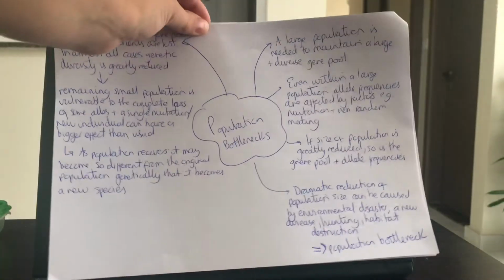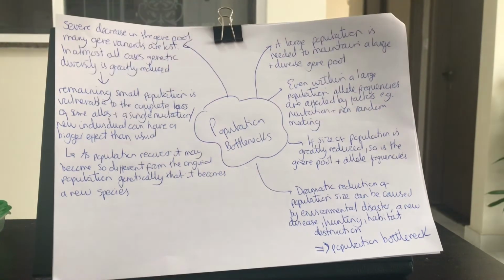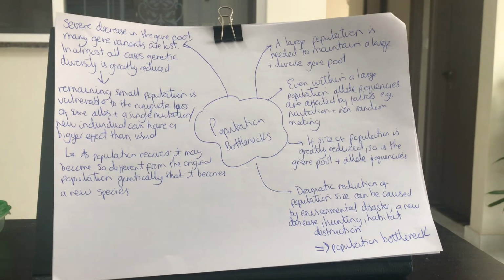All right, so now we need to have a look at something called population bottlenecks. As you will know from when we were doing our Hardy-Weinberg work, you need a large population to maintain a large and diverse gene pool. If the size of a population is greatly reduced, so is the gene pool and the allele frequencies.